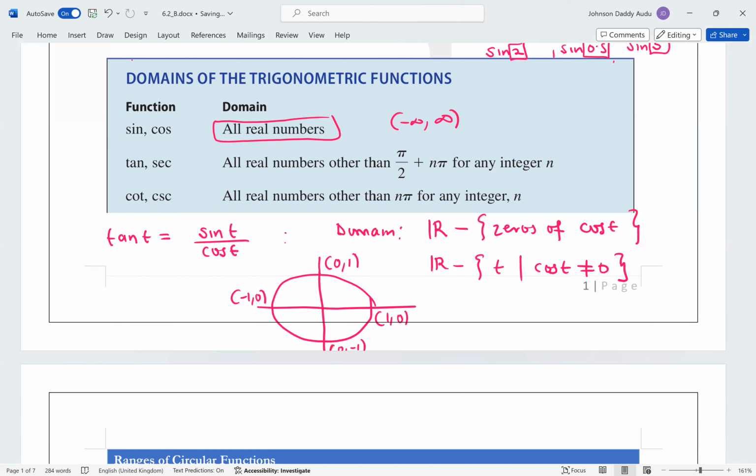So you see, where do we have cosine t to be 0? You have to remove it. For example, here, if you are here, what does that mean? 1, 0 stands for cosine 0 and sine 0, right? And here also you have cosine 360 and sine 360, right? So where do we have the first component to be 0?